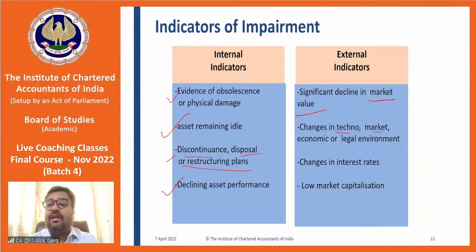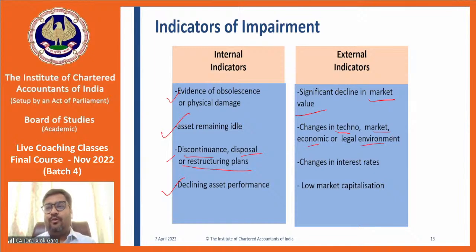Changes in technological, market, economic or legal environment. Technological: if I talk about 10 years down the line, there were keypad phones. Have you heard about Nokia 1100, Nokia 3100, Nokia 3500, right?